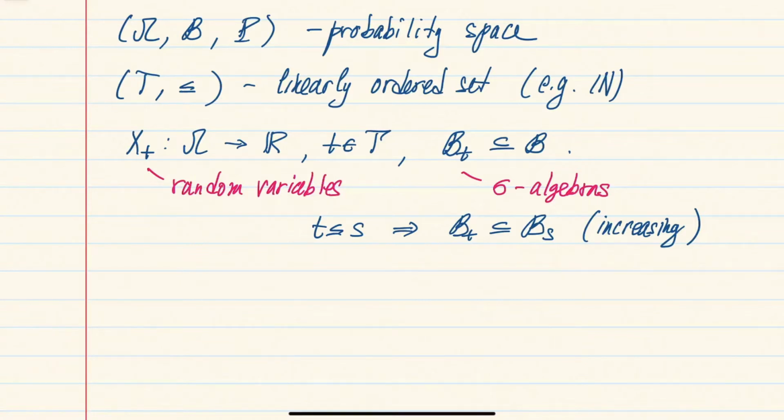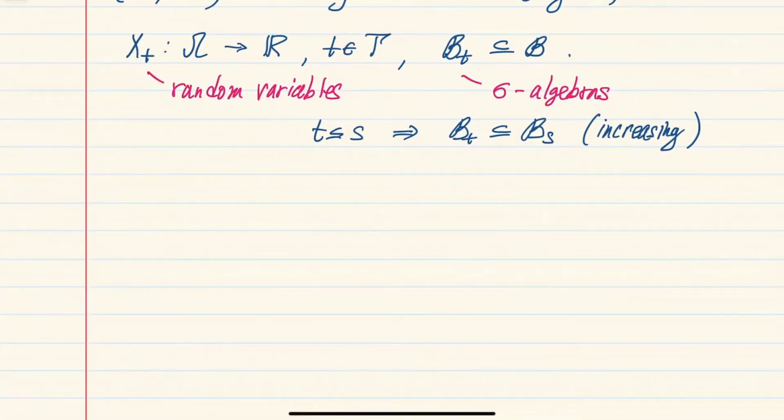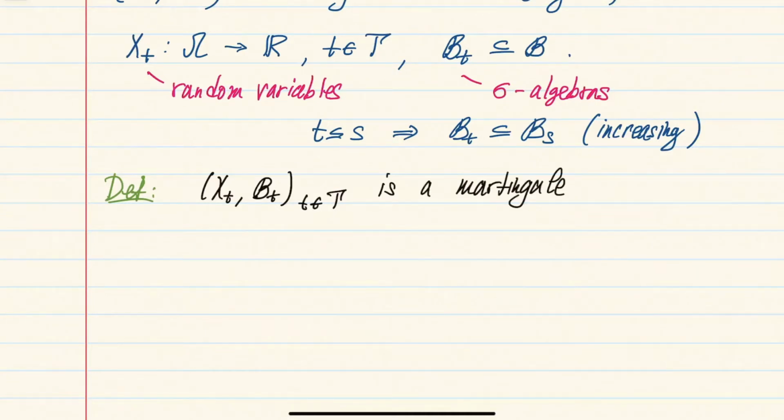So now let's give a definition of a martingale, in particular when this family of random variables and sigma algebras form a martingale. The definition is the following: this family of random variables and sigma algebras indexed by T in this linearly ordered set is called a martingale if the following several conditions hold.